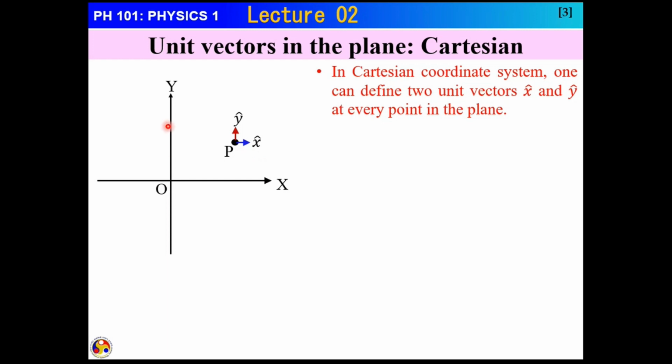The unit vector along the y-axis is shown with a red arrow. Again, the same unit vectors at the origin are represented here, and the unit vectors along the two perpendicular directions x and y at point Q are represented here.